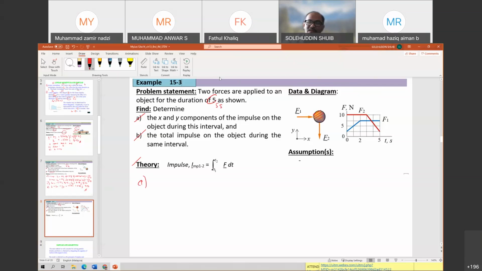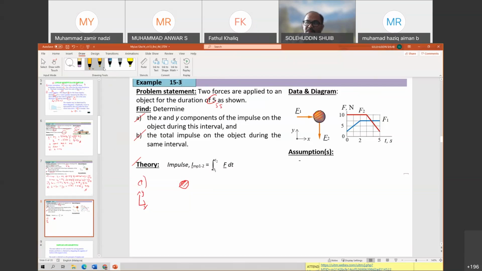For part A, we have this particle. We have the data. We take this one.